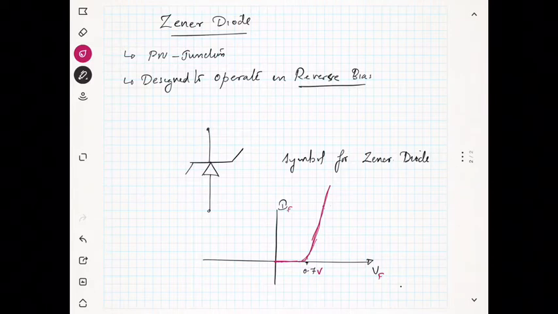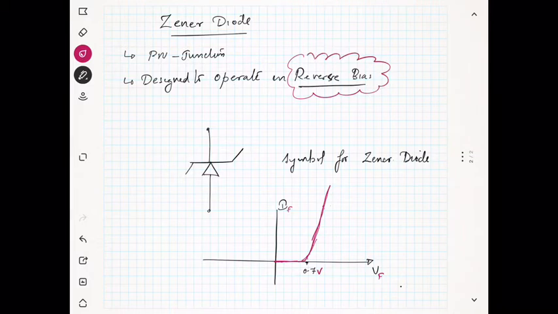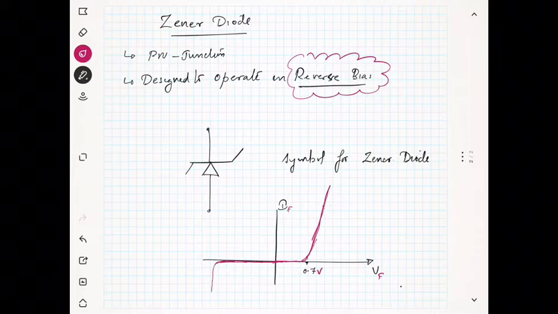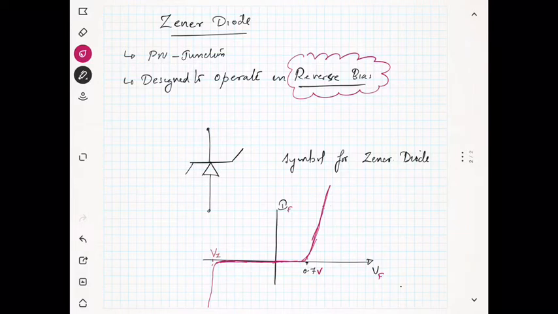Now, I have already told you that the Zener diode is normally used in the reverse bias region. In reverse bias, as you know, there is no current when you give some voltage, but at some point the breakdown happens. We call this phenomenon breakdown, and the voltage at which the breakdown happens we call the Zener voltage, Vz.